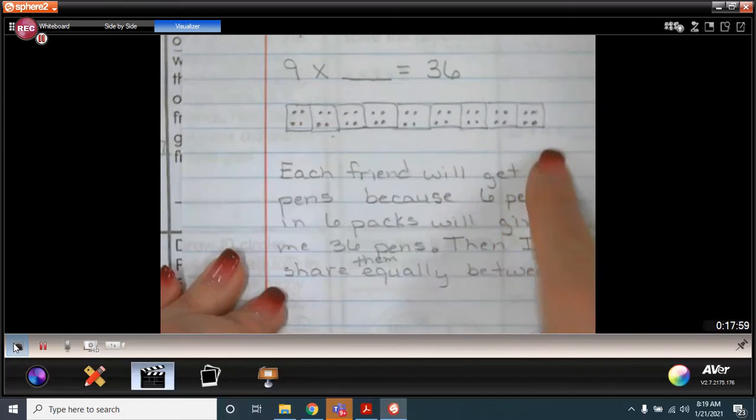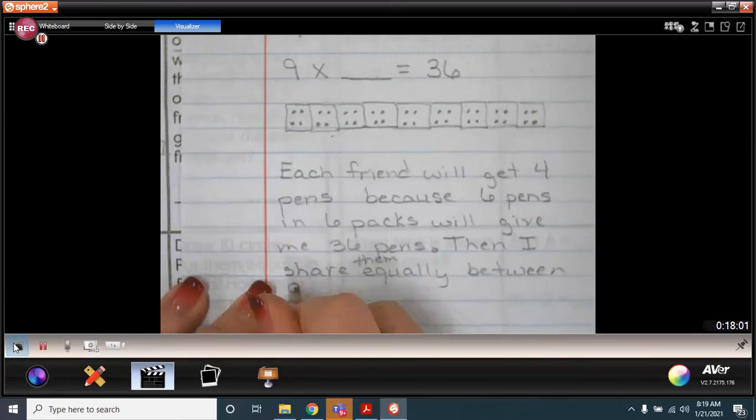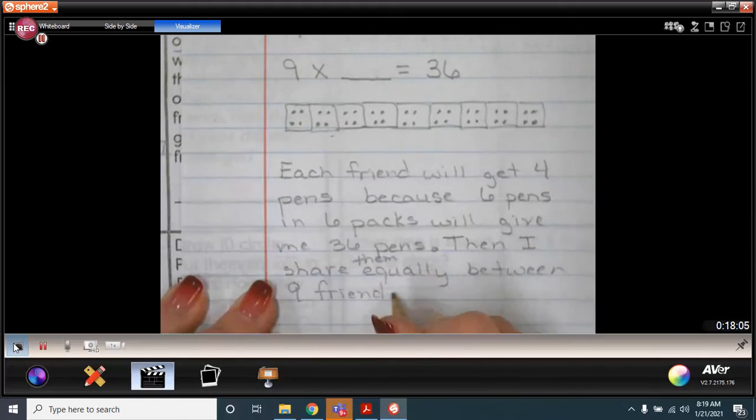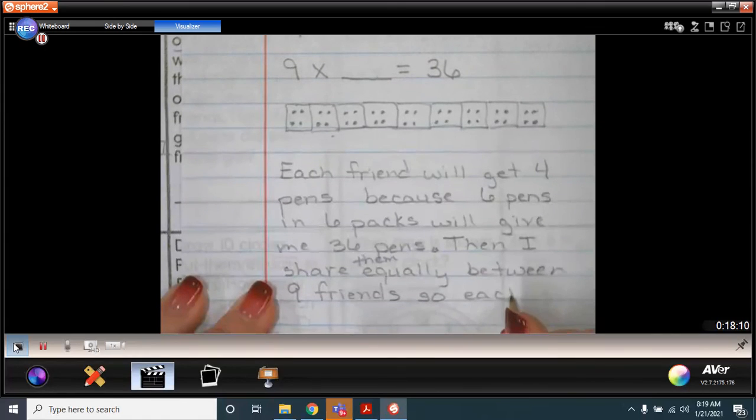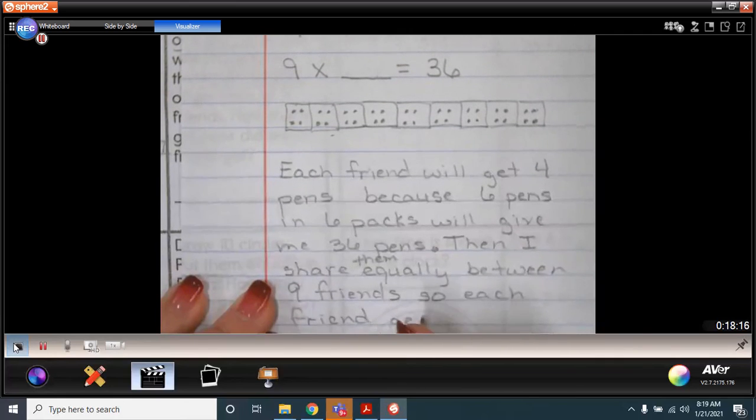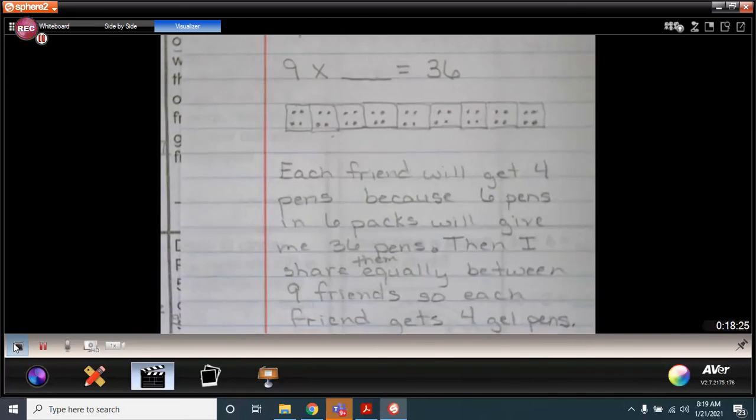I shared them equally between 9 friends. So each friend gets 4 gel pens, which is what my question asked. How many gel pens did each friend get?